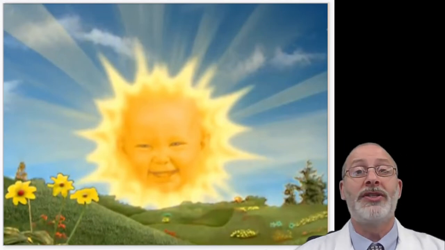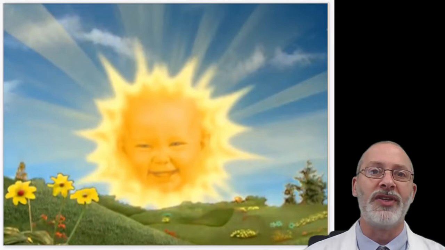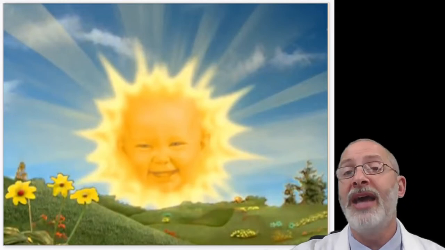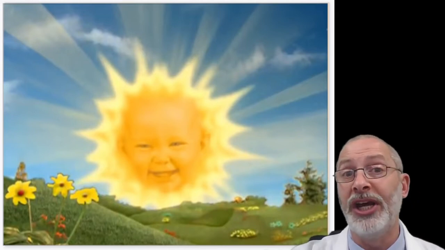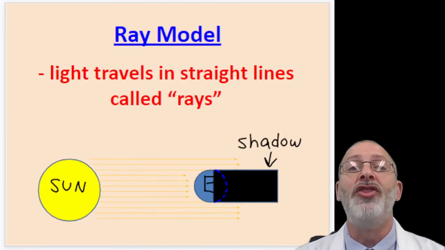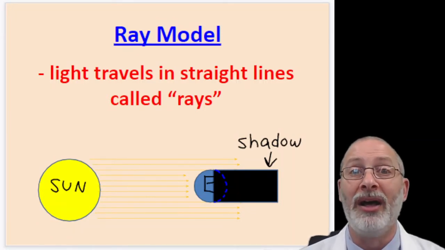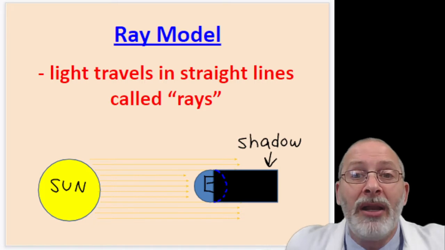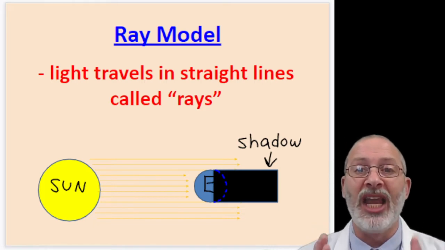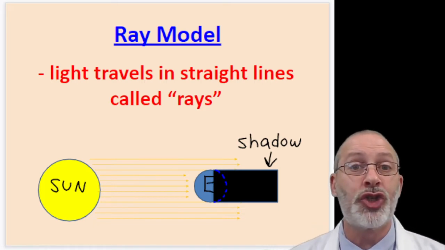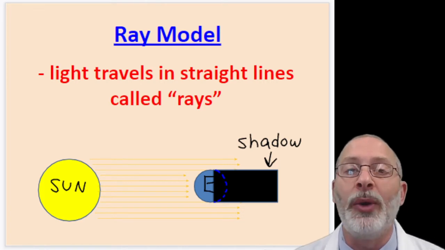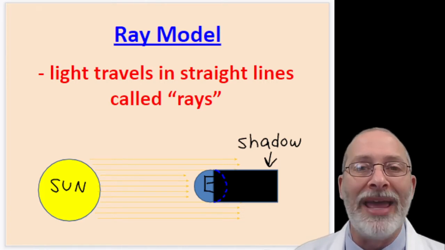But regardless of how detailed your picture of the sun may have been, undoubtedly you intuitively understood what we call the ray model of light.